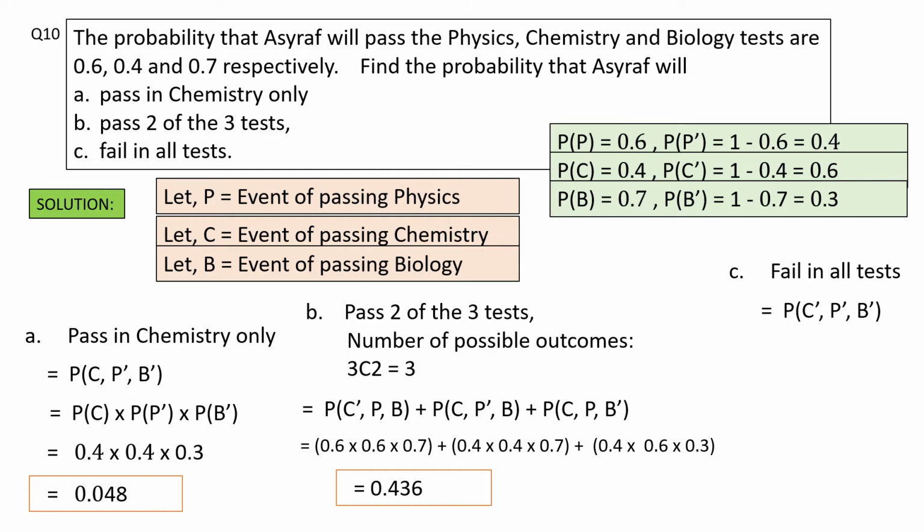We have only one possible outcome. So probability C prime will be 0.6 times probability P prime 0.4 times probability B prime 0.3. Multiply all these and the final answer equals 0.072.